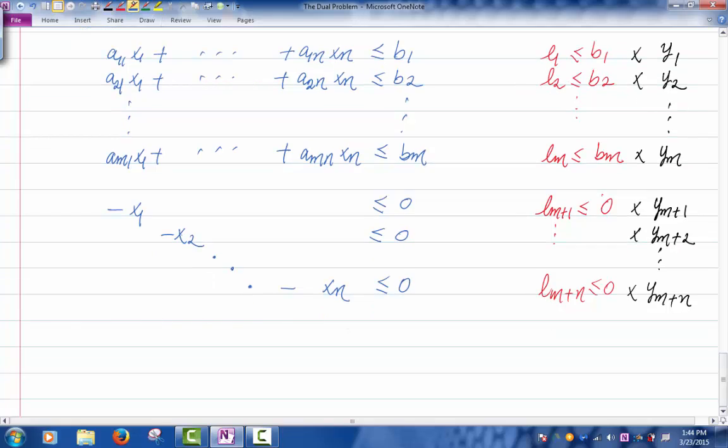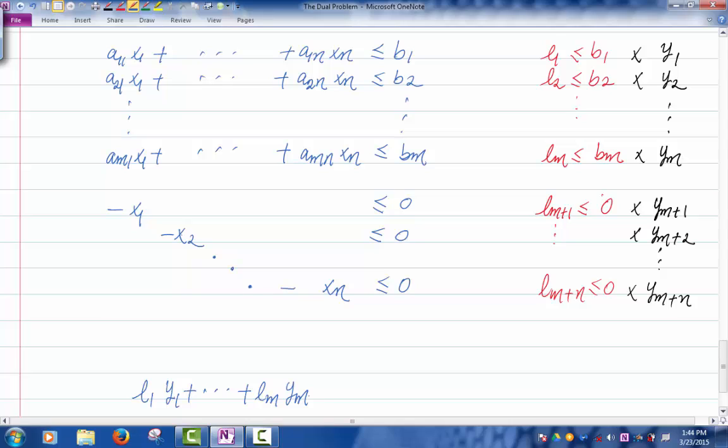When I add them together, what do I get on the left hand side? When I add the constraints multiplied by y1 up to ym plus n, notice that what I'm getting is the following. Let me call this L1 times y1, plus dot dot dot, Lm times ym, right?